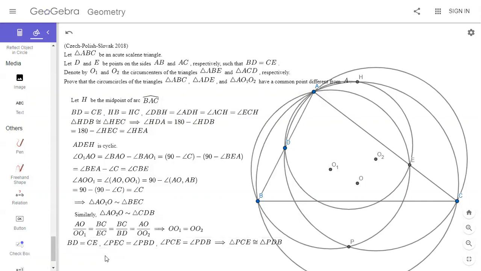Okay, and then that means that PB equals PE. So P lies on the angle bisector of A. And so that means that angle HAP is 90.